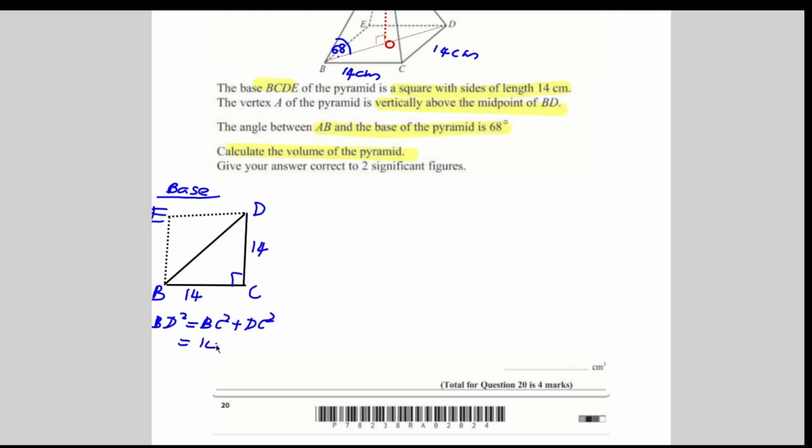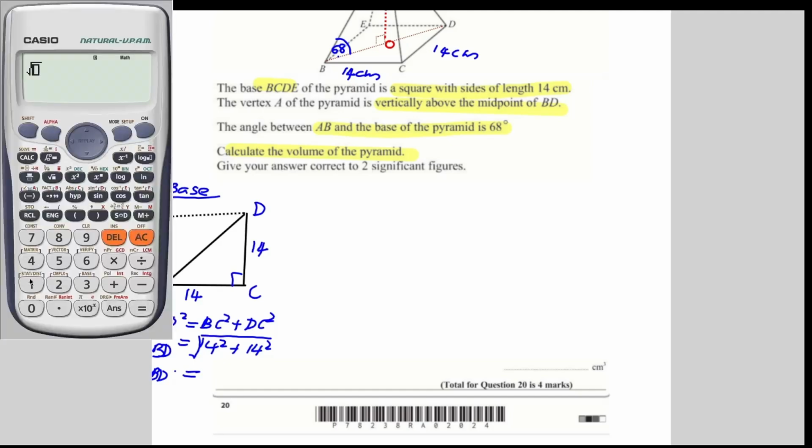Then 14 squared plus 14 squared. Then if I want to get BD, I need to get the root of this one. Then BD equals root of 14 squared plus 14 squared.